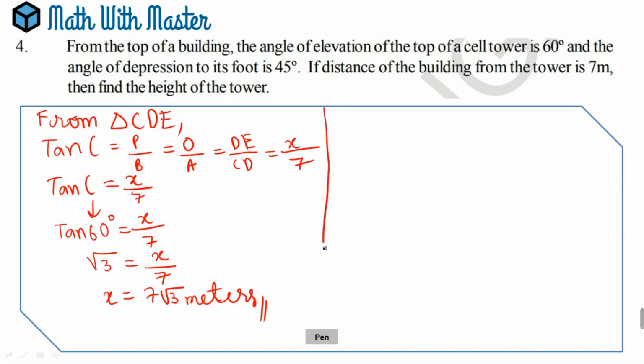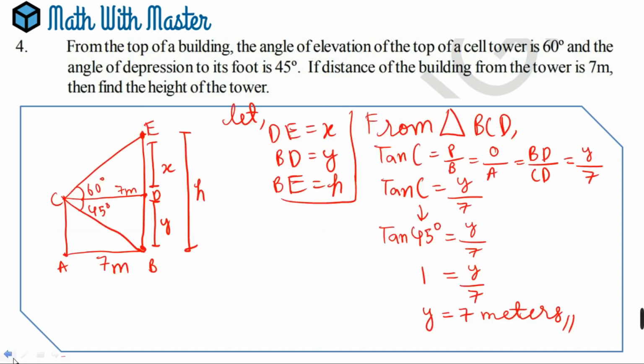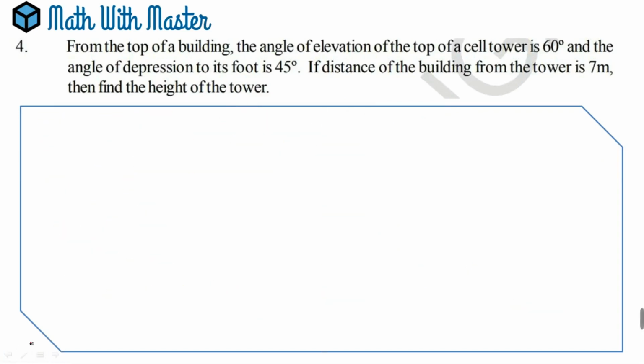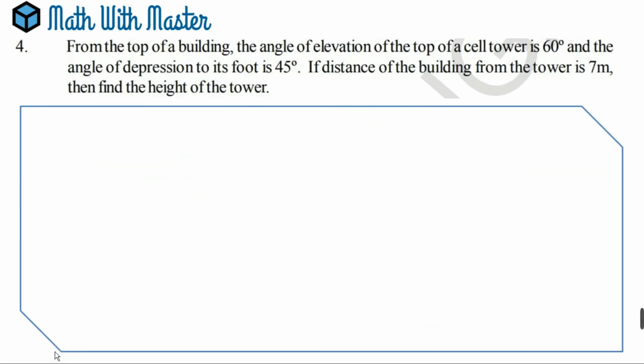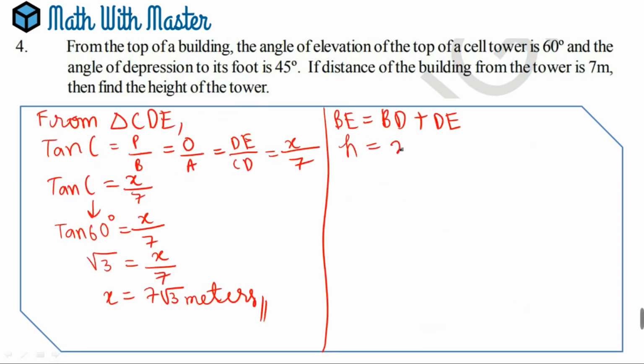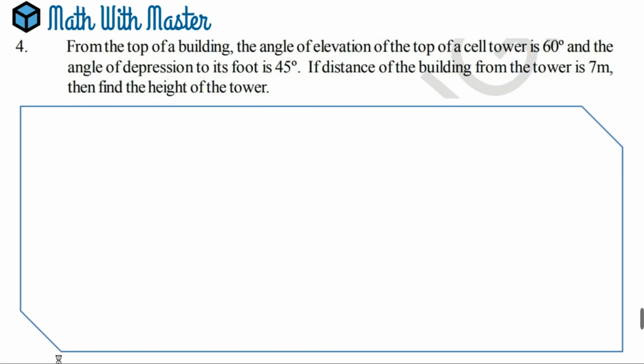Just a second. The thing we have to find is actually BE, but BE is equal to BD plus DE. You can see here. So our BE is H, which is equal to BD plus DE.